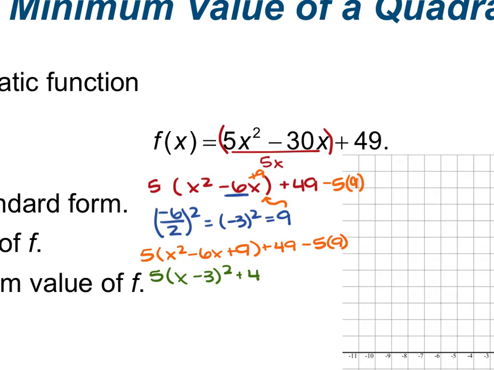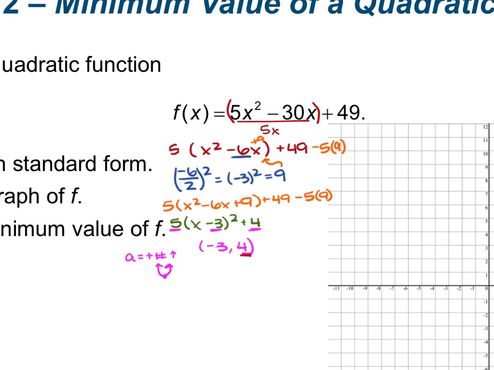So we have a vertex here of negative 3, 4, an a value of 5, so a is a positive number. That means our parabola is going to open upward, and we're going to have a minimum value. That minimum value comes from the y value from that vertex, which in this case is 4. So our minimum is 4.